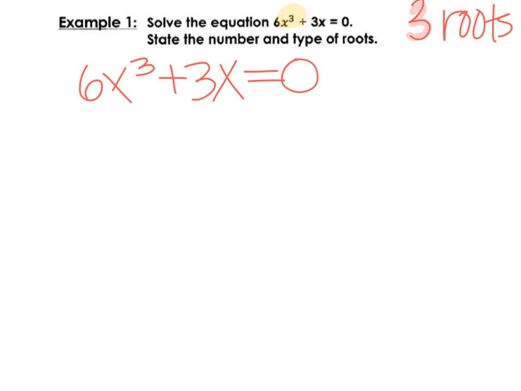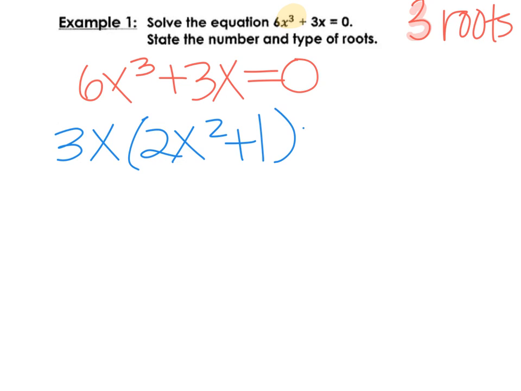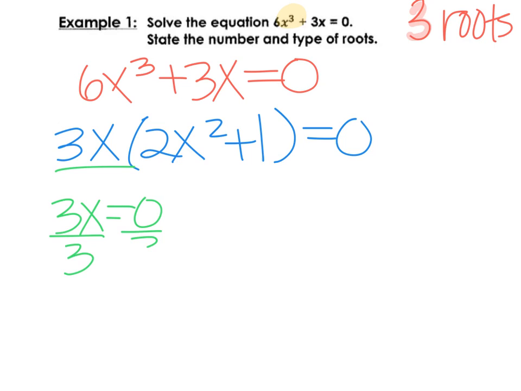We know it has 3x in common. If we factor out a 3x, we're left with 2x squared plus 1 equals 0. Then set each of these equal to 0 to solve for x. Take 3x, set it equal to 0, divide by 3, and we get that x equals 0.